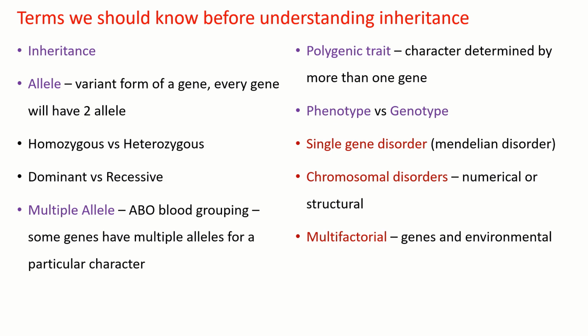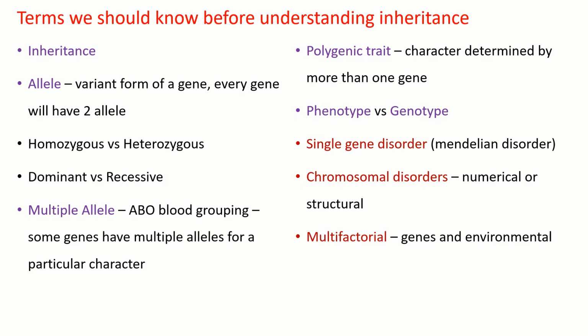A genetic disorder is a condition caused due to an abnormality in the genome of an individual. There are three basic classifications. A single gene disorder, also called Mendelian disorders, is a defect in a single gene and follows Mendel's pattern of inheritance.